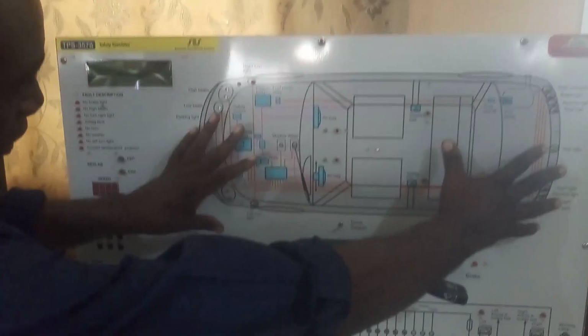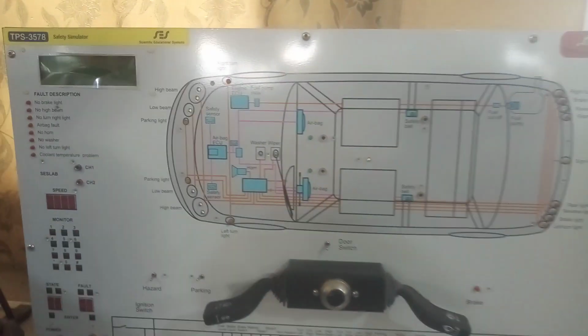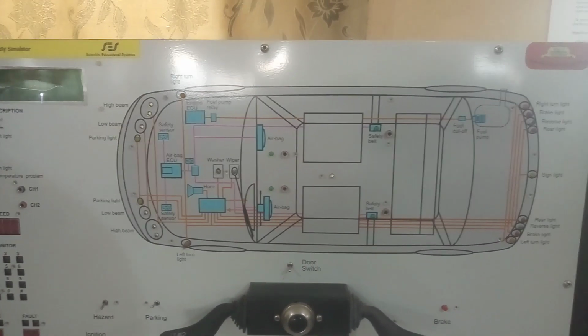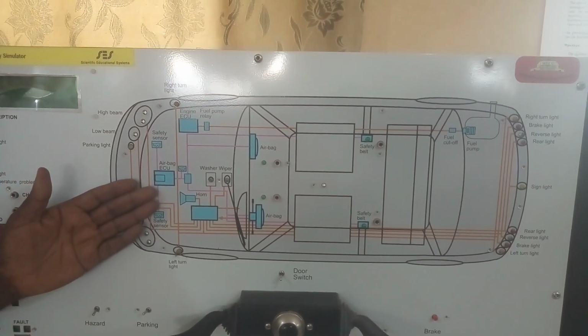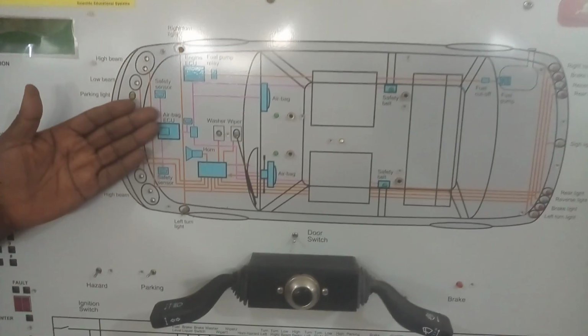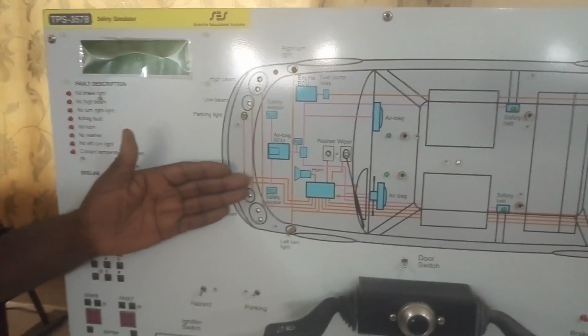We have the vehicle here, which is an example of the real vehicle. It indicates the safety signs that can be obtained in a real vehicle.